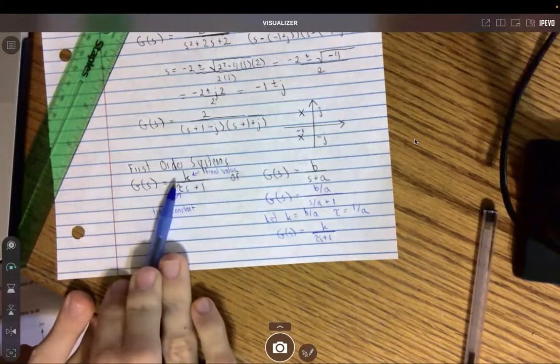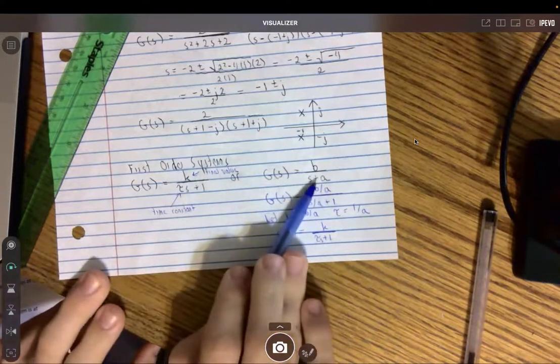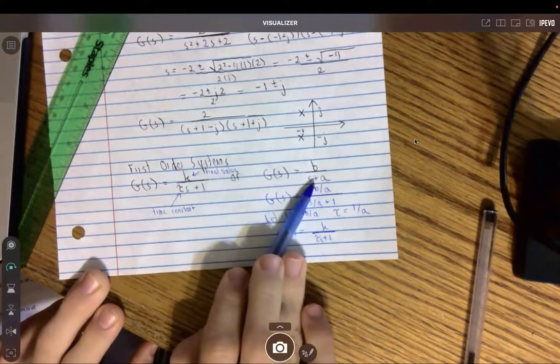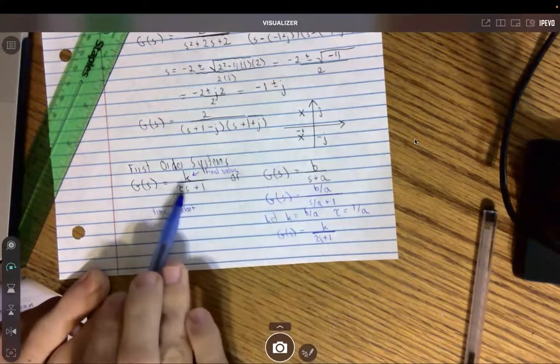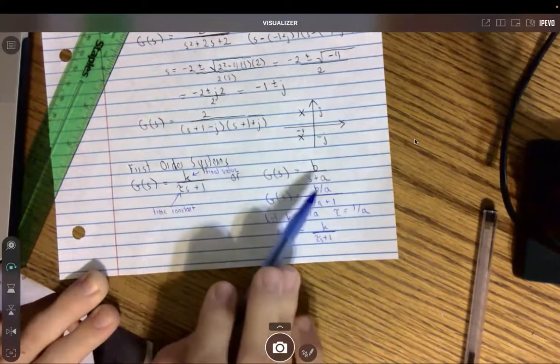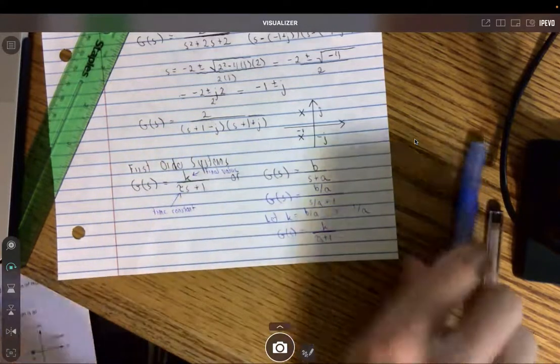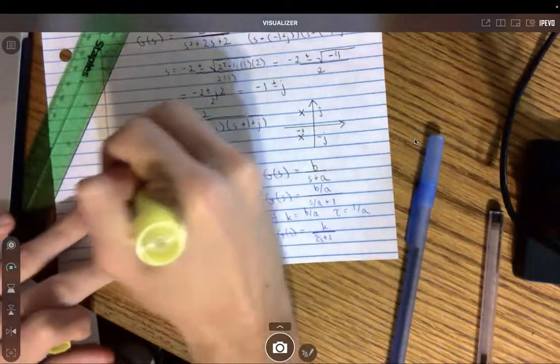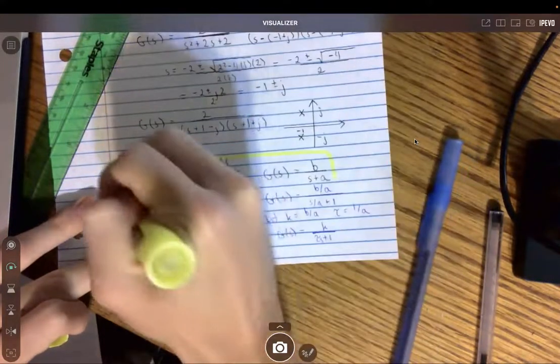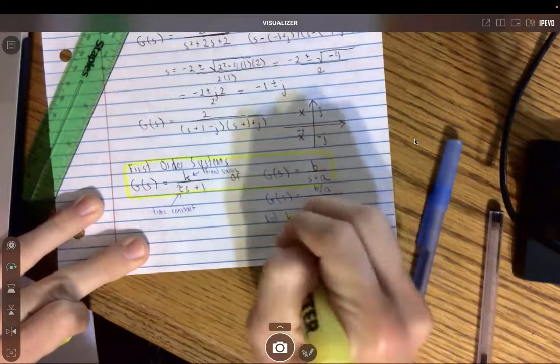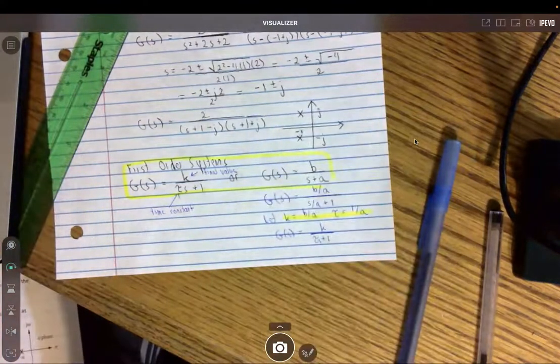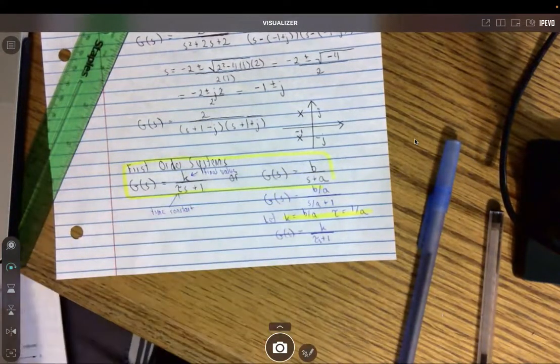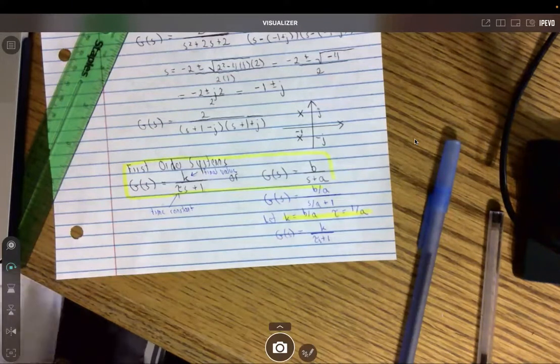We often represent it in this form because it's easier to plot the poles compared to this one. So make sure you know the two types of formats that first order systems can come in, and that you can convert from one form to the other using that simple algebra.